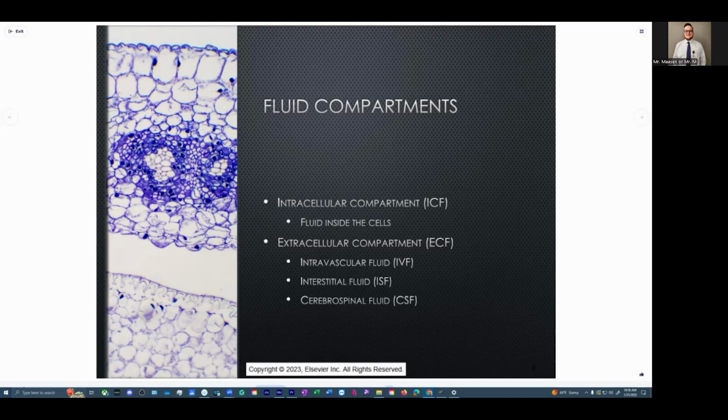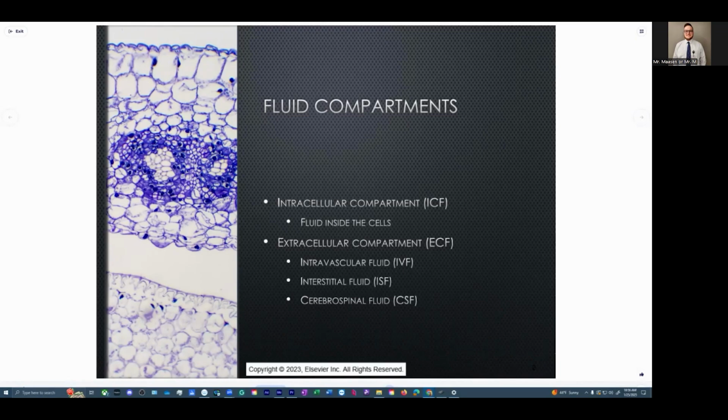Those have some subcategories, but mainly the big three is what's in the blood plasma, intravascular fluid, so what's in the vasculature and the blood vessels; interstitial, which is kind of in between, fluid that has moved out, fluid in between the cells and the blood vessels. There's always a little bit of this.